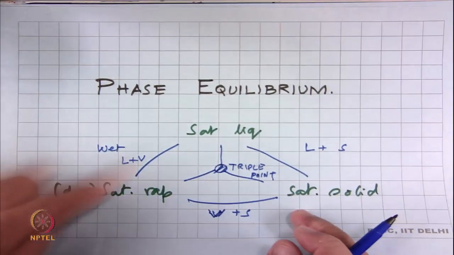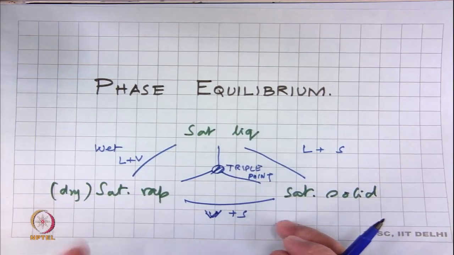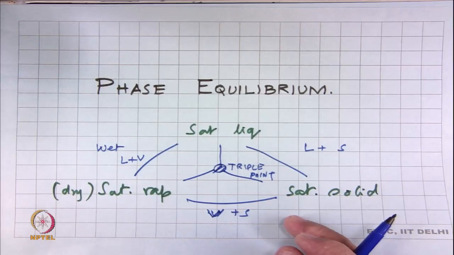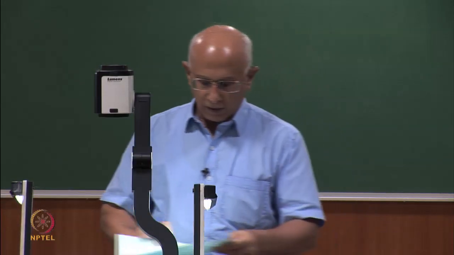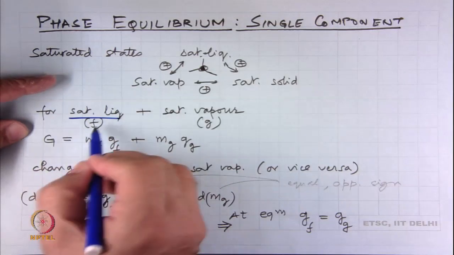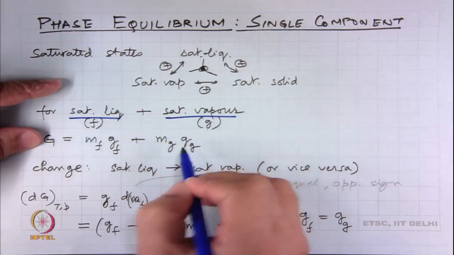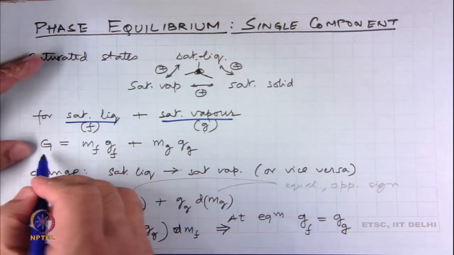Now let us see what is the condition that tells us that equilibrium will exist when two phases are present simultaneously, first in a single component system, then very briefly we will look at multi component systems. We will take the case of saturated liquid with subscript f, saturated vapor with subscript g, consistent with what we have learned so far, in a mixture.